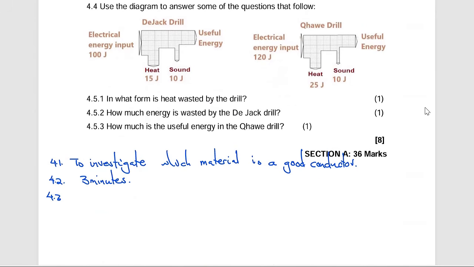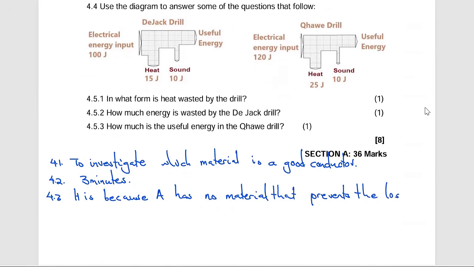So I'm going to say for 4.3, it is because A has no material that prevents the loss of heat, right?